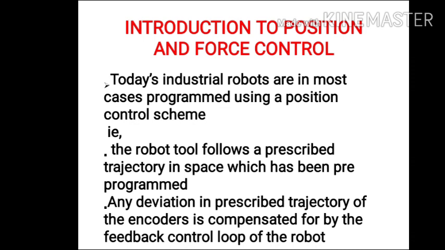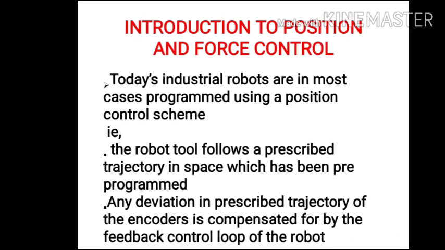Any deviation in the prescribed trajectory of the encoder is compensated for by the feedback control loop of the robot. That is, the position of the end effector or the joints of the manipulator is controlled by the feedback control loop of the manipulator.